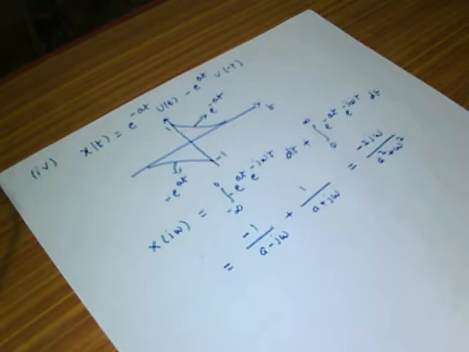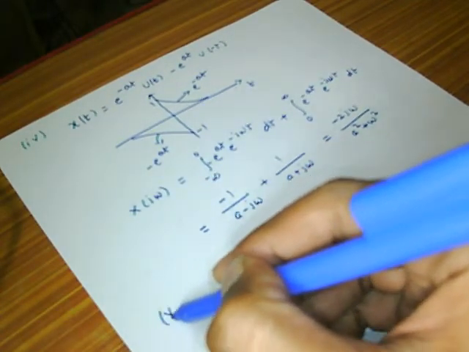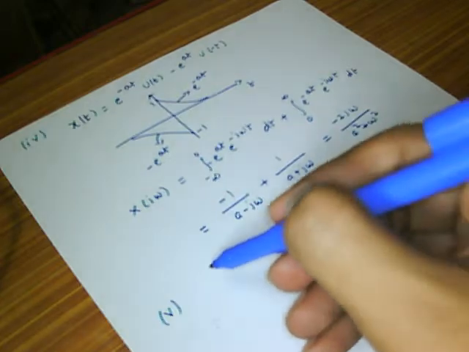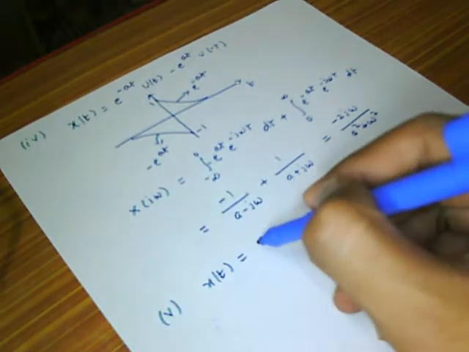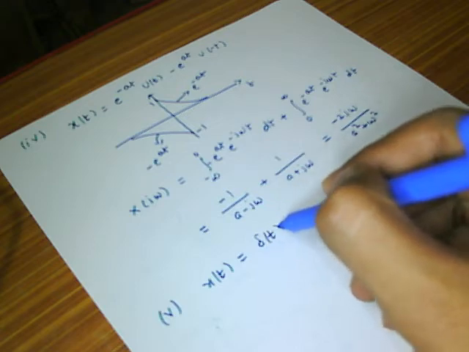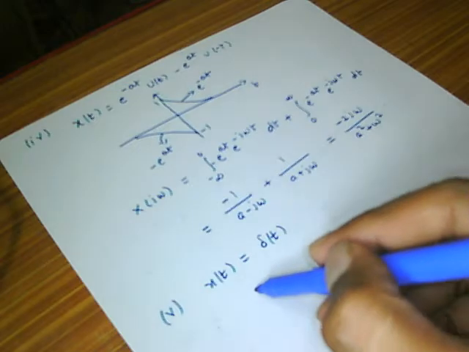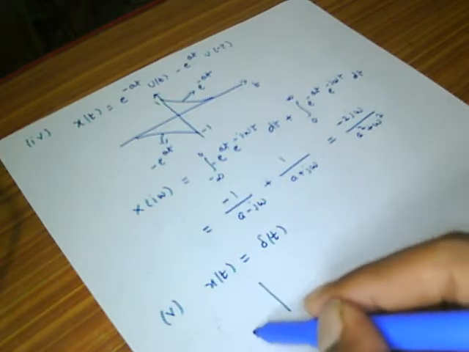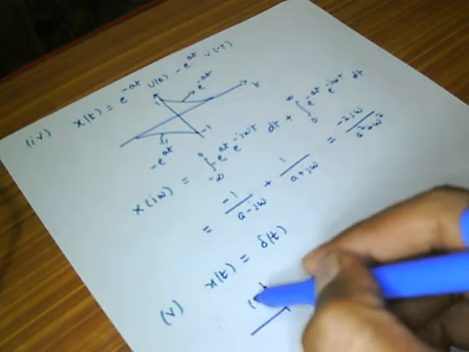Okay, so next we will take one more example, fifth example, where we take x of t to be equal to delta of t. So for this, the plot will look like this, which is familiar to us, and the strength of the Dirac delta is 1.